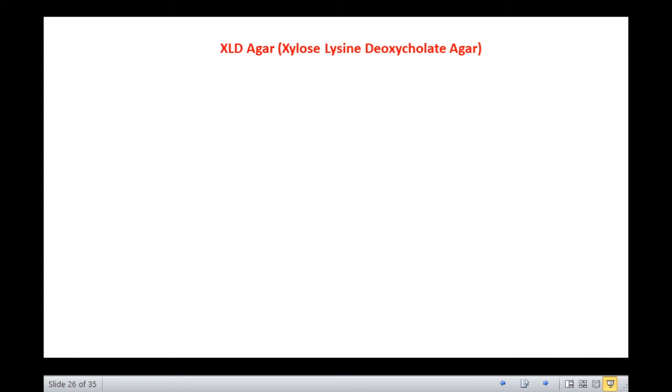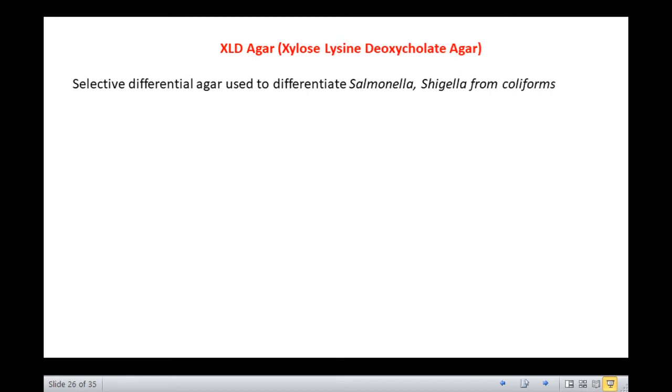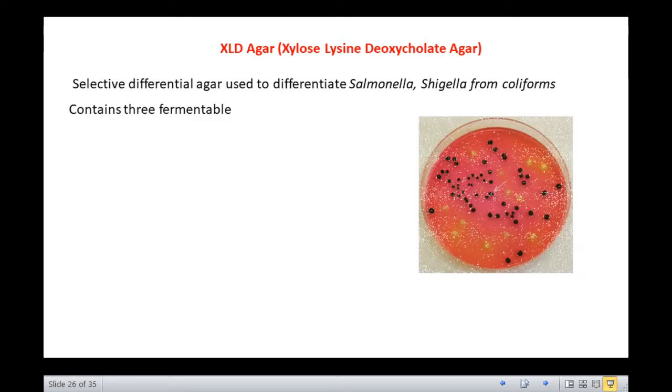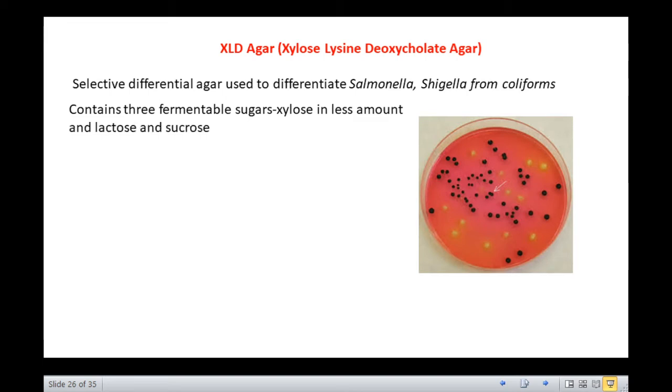The next type of selective differential media is xylose lysine deoxycholate agar, commonly called the XLD agar. XLD agar is another selective differential agar used to differentiate Salmonella and Shigella from coliforms. This medium contains 3 fermentable sugars, xylose in less amount and lactose and sucrose in larger amounts.